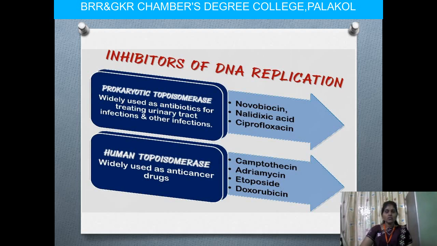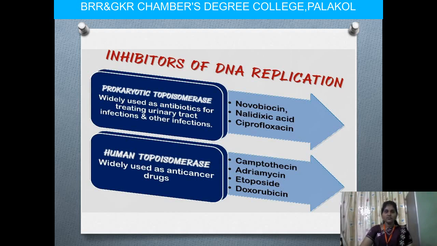This is mainly done in prokaryotes, and in eukaryotes, that means in humans, it is widely used as anti-cancer drugs: adriamycin, camptothecin, etoposide and doxorubicin. These are used as anti-cancer drugs.